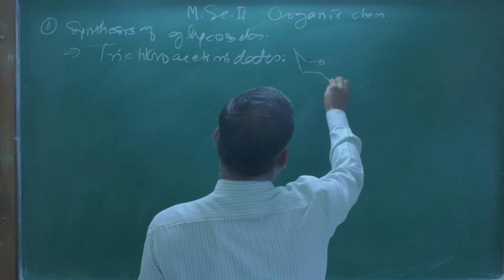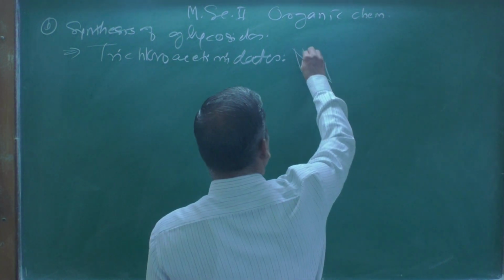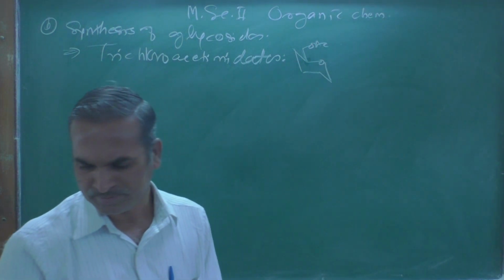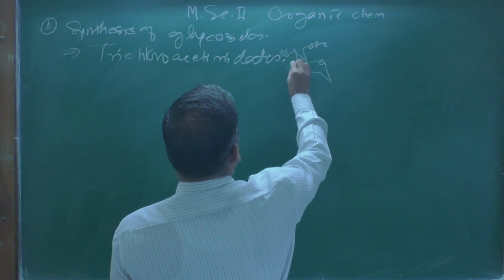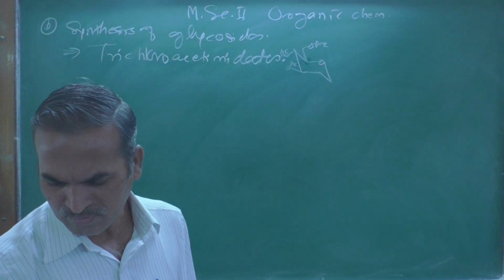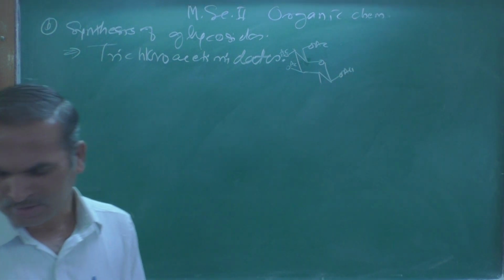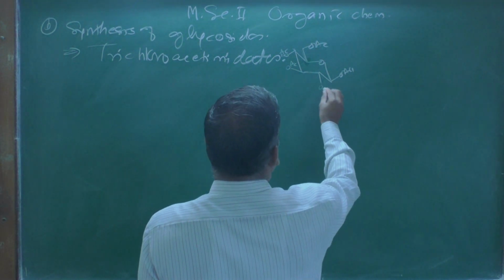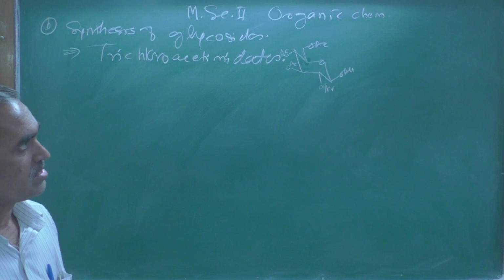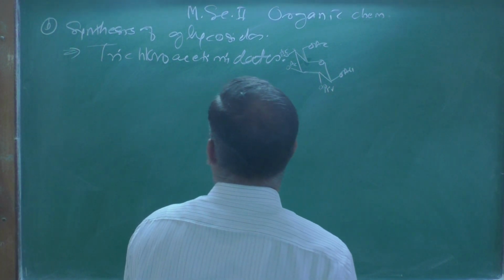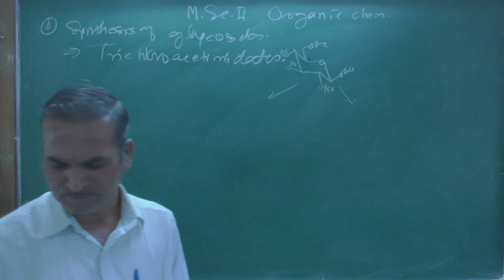This is a chair form of the glucopyranose type of compound, and generally here this will be OAc, then OAc, I am writing this one, and here O-allyl, and here is O-pivaloyl, pivaloyl. This is a glycoside, and now it is further treated with some reagents.